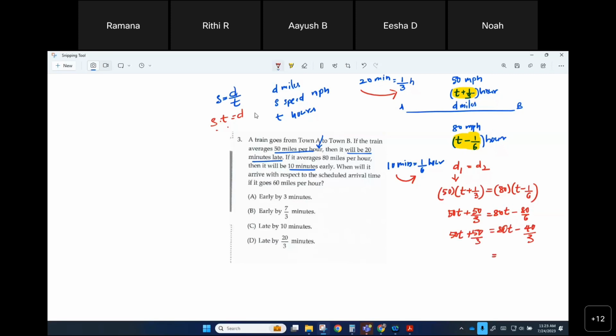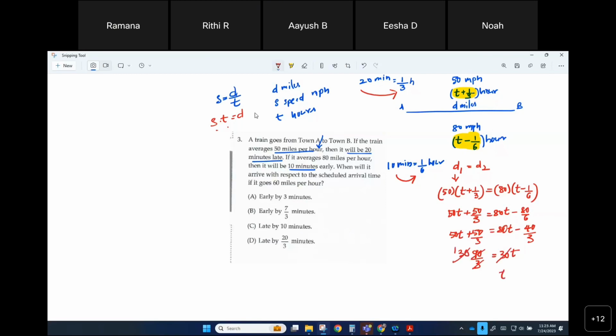Now add 40 over 3 on both sides. You get 90 over 3, because 50 plus 40 is 90. Subtract 50t on both sides, you get 30t. Now 3 goes into 90 thirty times, and dividing by 30 on both sides, you get 1.